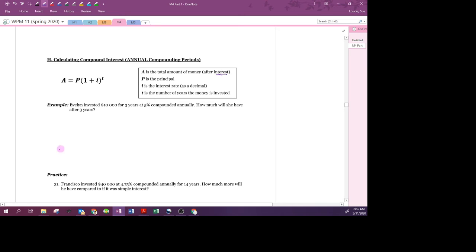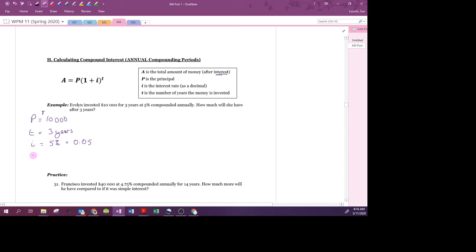and T is the number of years the money is invested. So for example, Evelyn invests $10,000, so P is $10,000, for 3 years, so time is 3 years, at 5%, so the interest is 5%, which needs to be written as a decimal, so that's 0.05.